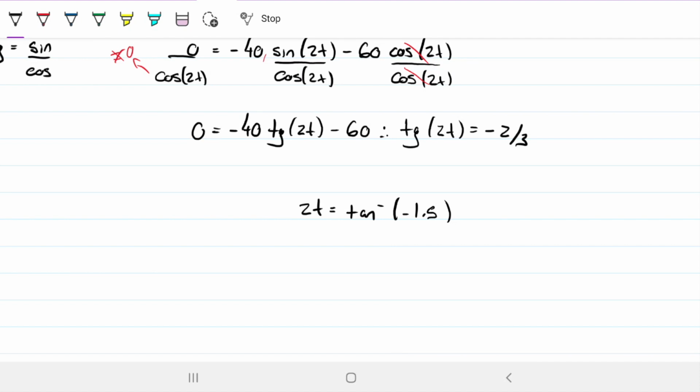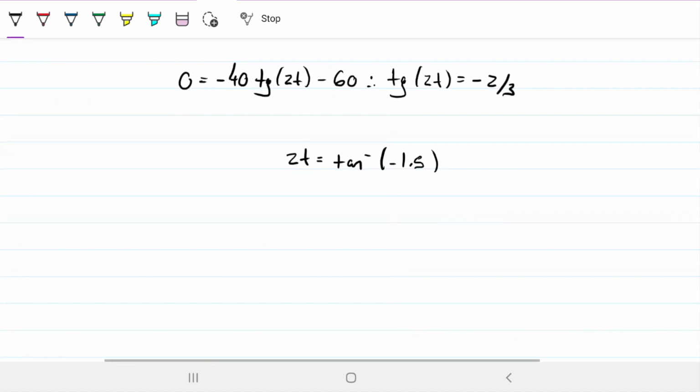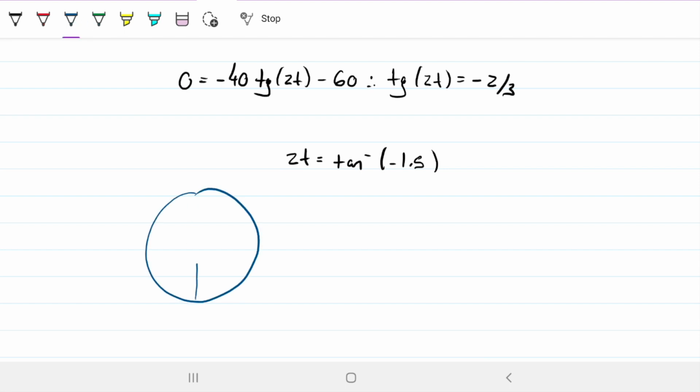Okay, and if you do that, obviously there's two values for that. There's two values for the tangent value of negative 1.5. If you remember how this works, we have our y here, we have our x here. It's supposed to be in the middle, it's not, but you get the point. And the tangent is a tangent line. That's what it's called, tangent. It goes over here.